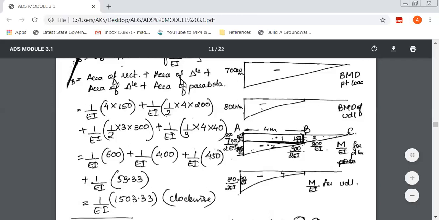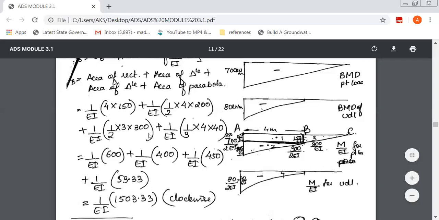Similarly, next the area of a triangle, again 1 over EI common. For this triangle, half into base 4, height is 200. Next, the third area, the area of a triangle, that is half into base 3 meter, height 300 over EI. Okay.